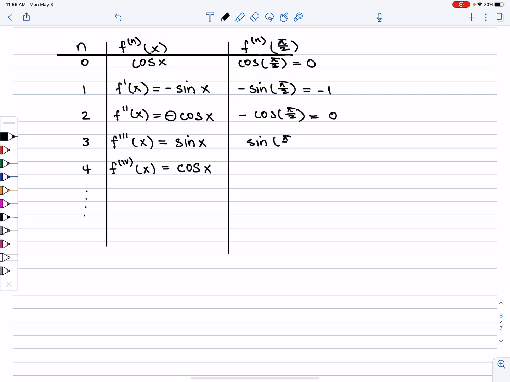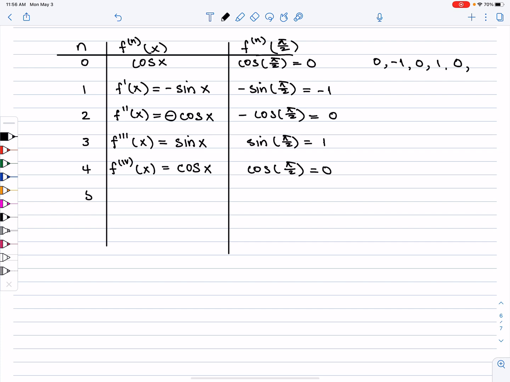Sine of pi over 2 is equal to 1. Cosine of pi over 2 takes us back to 0. So it looks like the coefficients are going to be 0, negative 1, 0, 1, 0. And let me just do a few more to see what the other coefficients are going to be.